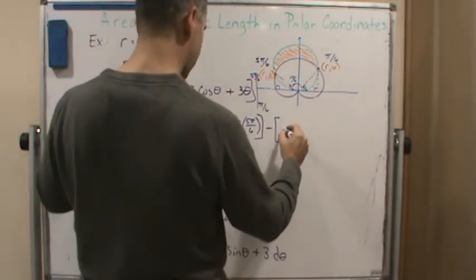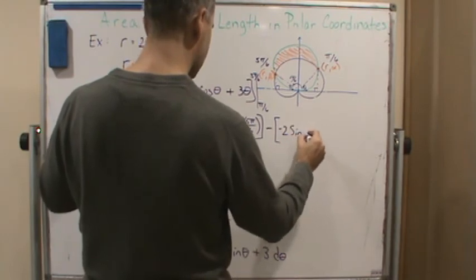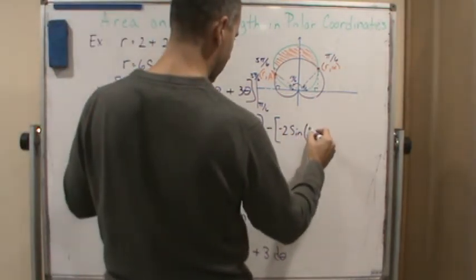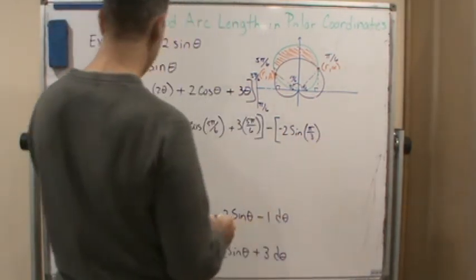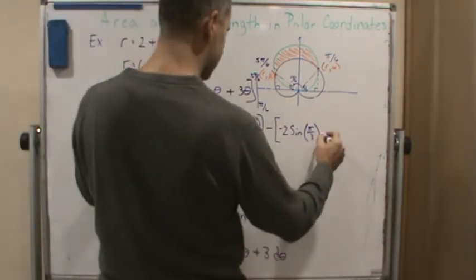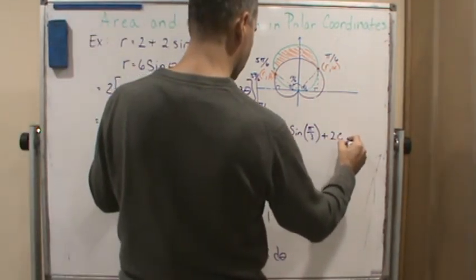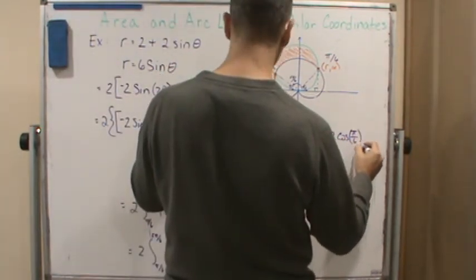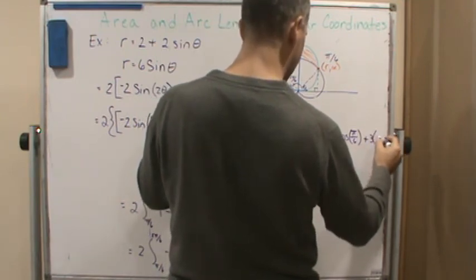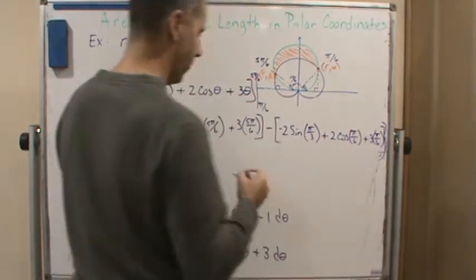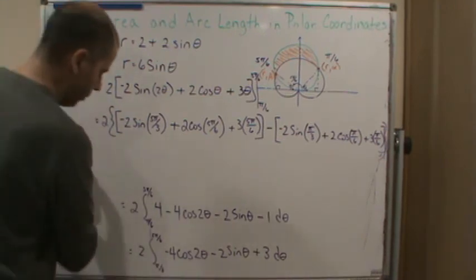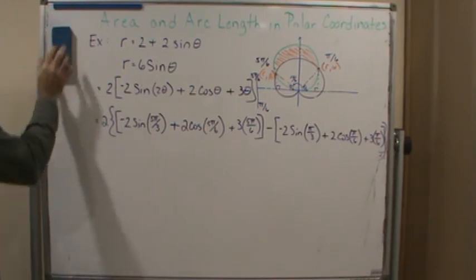So this is going to be negative 2 sine of 2 theta, which in this case is going to be pi over 3, plus 2 cosine of pi over 6, plus 3 times pi over 6. Okay, so now it's time to just simplify things.